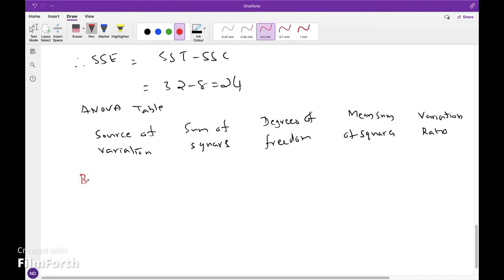Between column and within column, otherwise this one we can say error.